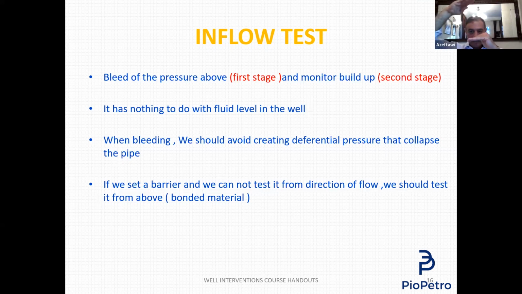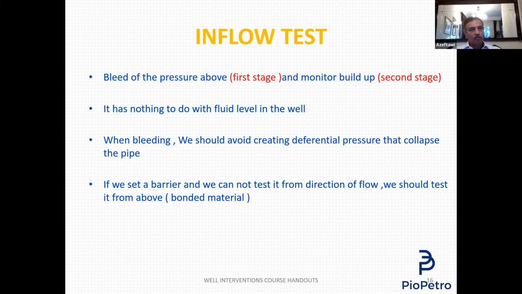Anything above the packer, we call top completion. Anything below the packer, we call bottom completion or tailpipe, which is actually two pieces of pipe with a lot of accessories. So now we put this plug below the packer in the tailpipe, and we need to test this plug. Remember, we test from the direction of flow.